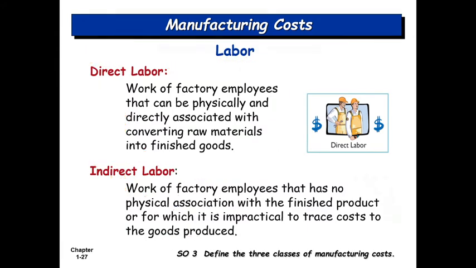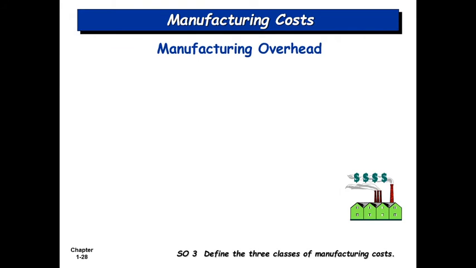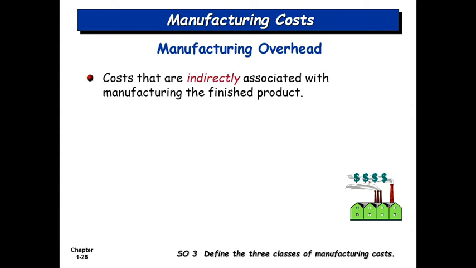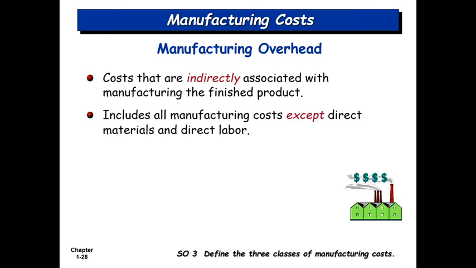Now we continue. Manufacturing overhead. We have a very nice factory here. Costs that are indirectly associated with manufacturing the finished product include all manufacturing costs except direct material and direct labor.